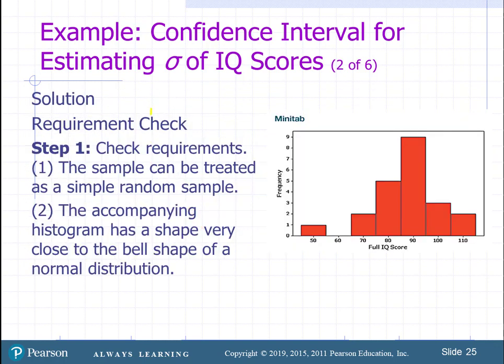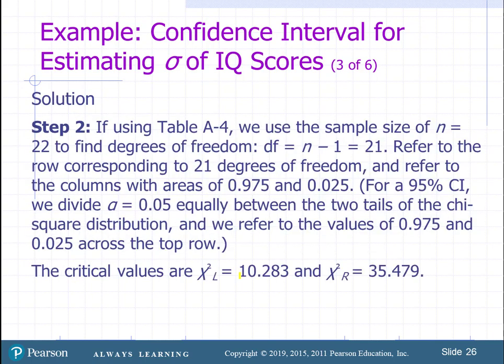So the first thing we did was we're going to treat this as a simple random sample, and then we use StatCrunch to make a histogram of the data, and it's relatively bell-shaped, relatively symmetrical, so we're good to go. So now we're going to go back to table A4.